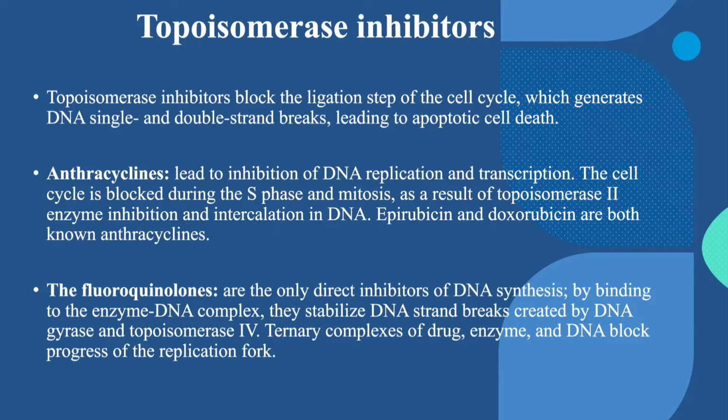Examples of topoisomerase inhibitors are anthracyclines and fluoroquinolones. These chemicals inhibit DNA replication and also sometimes the transcription process. The cell cycle is blocked during S phase and mitosis as a result of topoisomerase inhibition. If topoisomerase activity is inhibited, then obviously cell replication will also be inhibited.